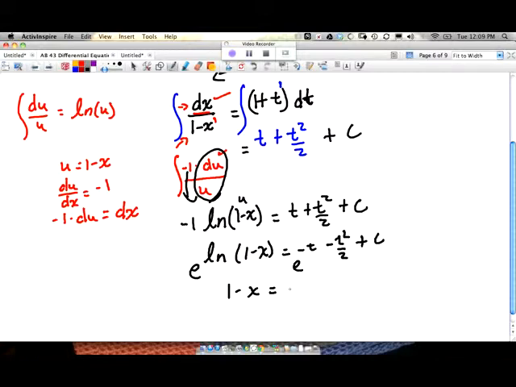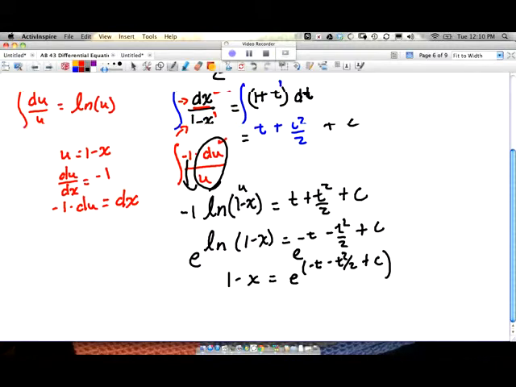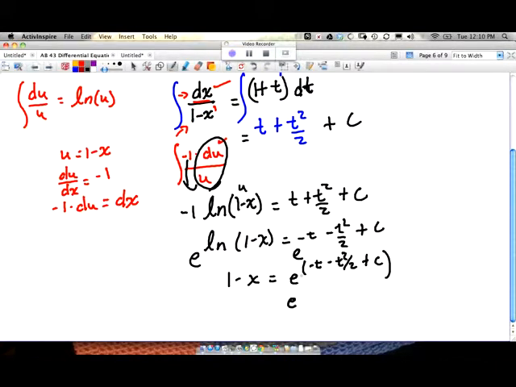Sorry about that little bell in the middle, but here we go, continuing on. We still have e to the negative t minus t squared over 2 plus c. Now, because these are minuses and pluses, there is a little bit of algebra here, but this would really wind up being e to the, let's see if we can get this right, we would have negative t, so that's going to go in a denominator because it's negative. So is this.